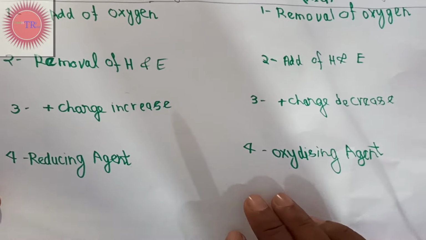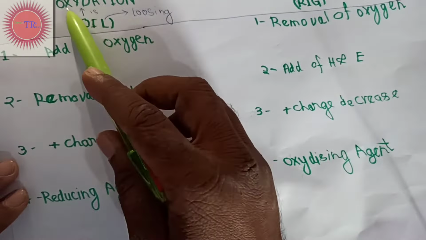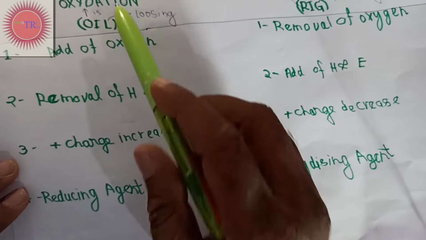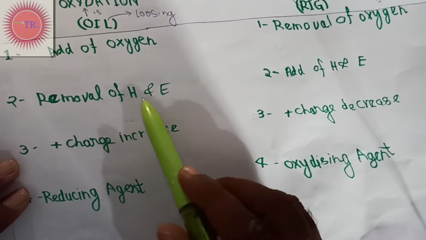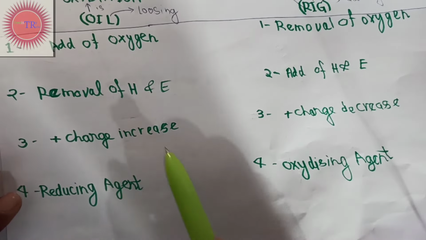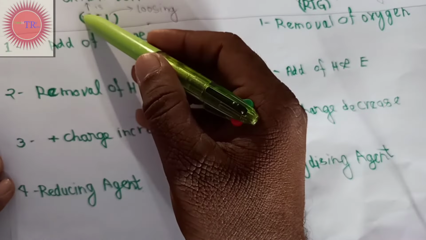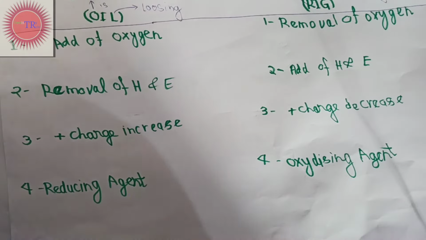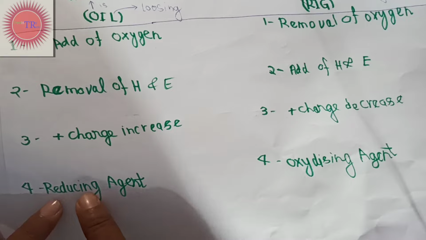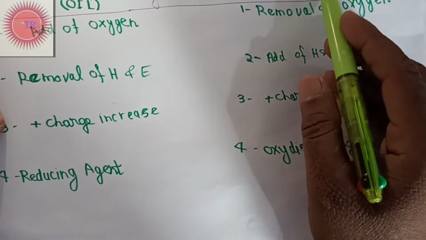As you see, by definition oxidation is addition of oxygen, removal of hydrogen, removal of electron. Okay, when an electron is removed, plus charge will be increased, and that is oxidation. The definition of oxidation is also the definition of reducing agent, and reduction is just the opposite.